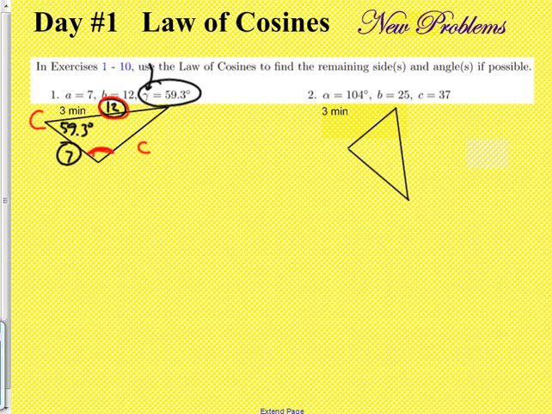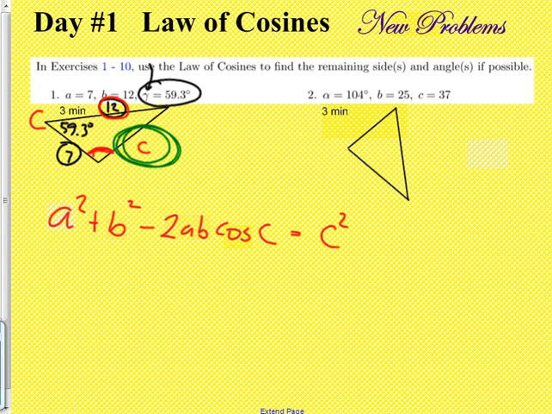Now that's an interesting note, because this is something we didn't talk about before, but it's true. This equation, A squared plus B squared minus 2AB cosine C equals C squared, can be rewritten. Right now, if we do it this way, we're going to end up getting that side, because we picked it to be C, and C is the one that you're solving for. So here's the way to think of it now.